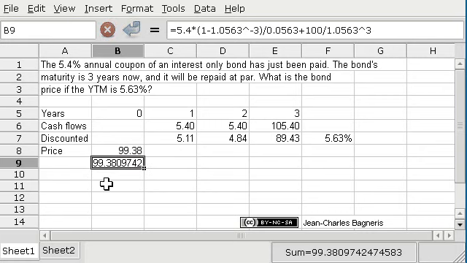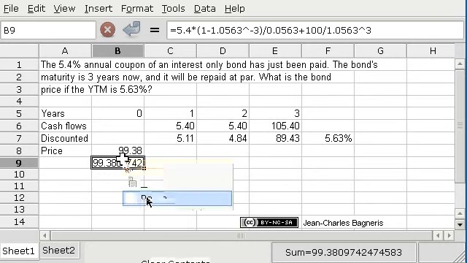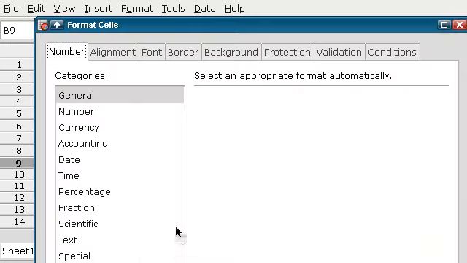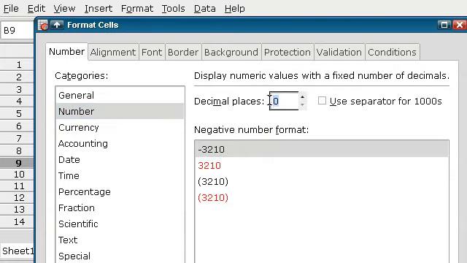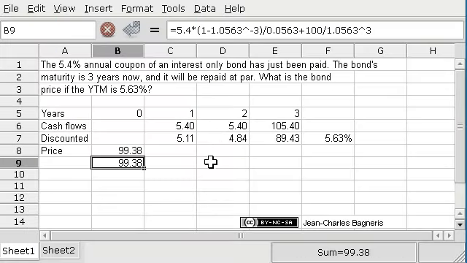And we have the same price, 99.38. I just have to keep only 2 decimal places. Here, again, 2, and it's okay.